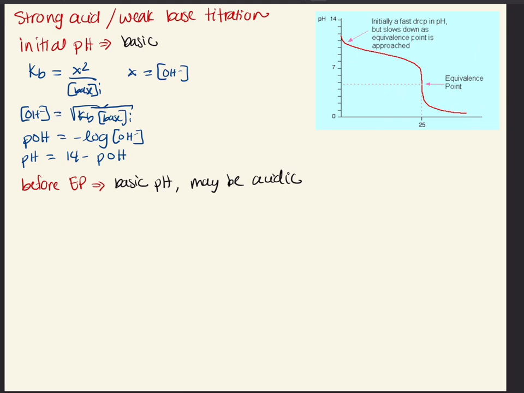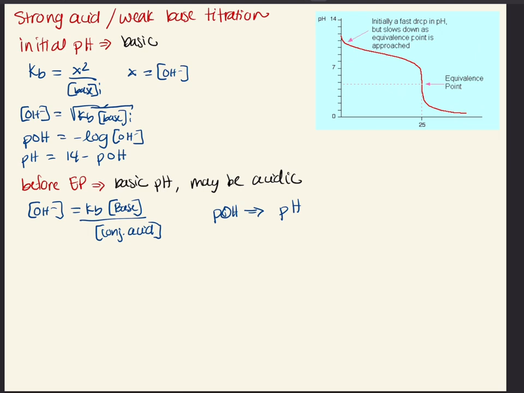So before the equivalence point, you can solve for the concentration of hydroxide. Remember, you're going to have both base and conjugate acid in solution. So you can do Kb times the concentration of your base divided by the concentration of your conjugate acid. And as soon as you have that, you can solve for the pOH and then convert it to pH.